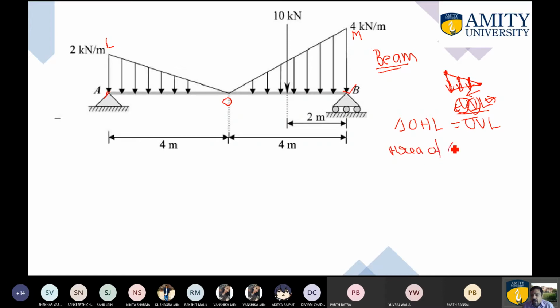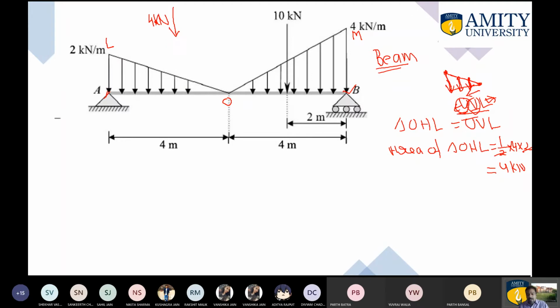So you are required to calculate the area of triangle OAL, which is half, multiplied by the base, which is 4, multiplied by the height, which is 2. As you can observe, it is clearly written that it is 2. If you do the calculation, the 2 will get cancelled out and you are left with 4 kilonewton. So the load of this triangle is 4 kilonewton. It is very obvious that it will act in the vertical direction.